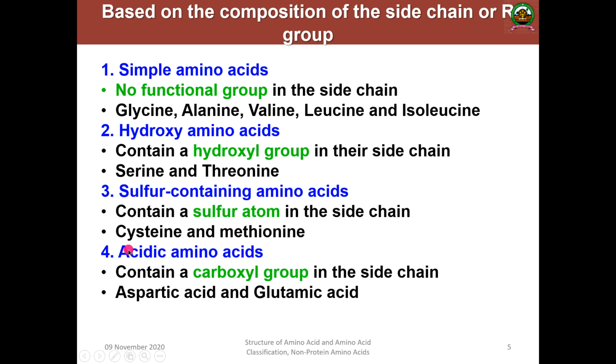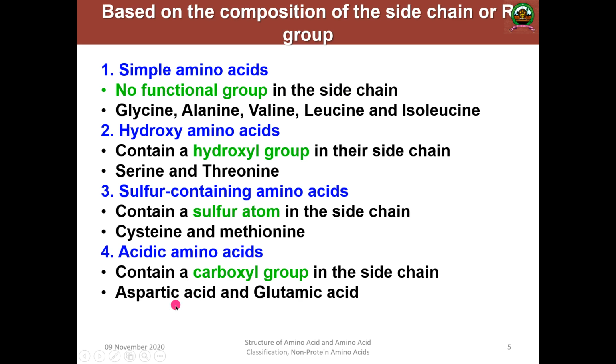Then the next one is acidic amino acid. As the name indicates, they have an acidic group in their side chain, such as the carboxylic acid or COOH group: aspartic acid and glutamic acid. Here you can see that due to the presence of this group, it is known as aspartic acid or glutamic acid.